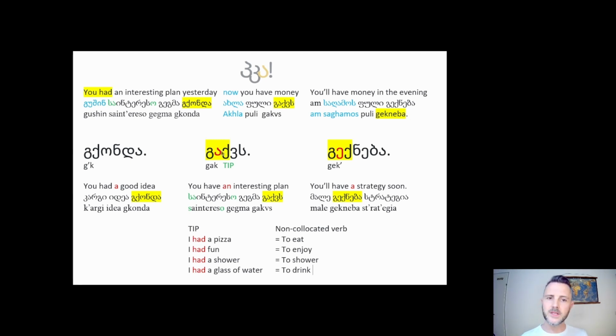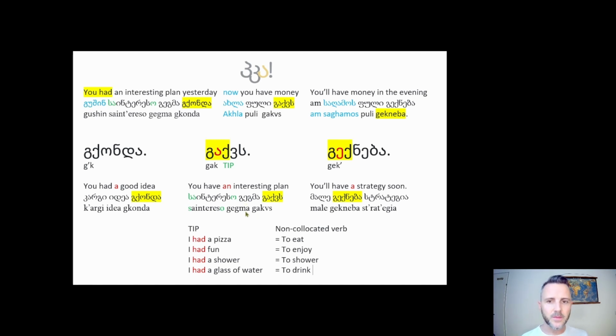Back to the other ones, which obviously require an a or an an. These are taken away, so this sentence is much easier. Shen, you, gushin, yesterday, kargi idea gkonda. You had a good idea. Gushin, yesterday.